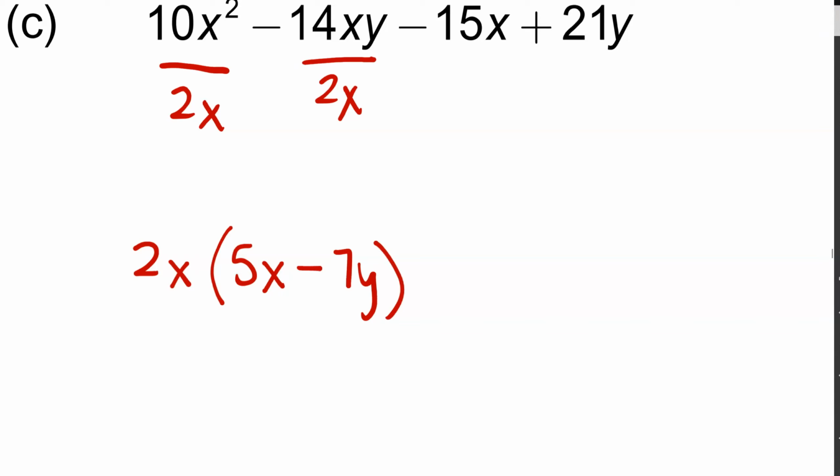Yes or no? Yes. Right, the x cancels out. 14 over 2 is 7y. One of the x's would cancel out the top here, and then 10 over 2 is 5, so 5x.